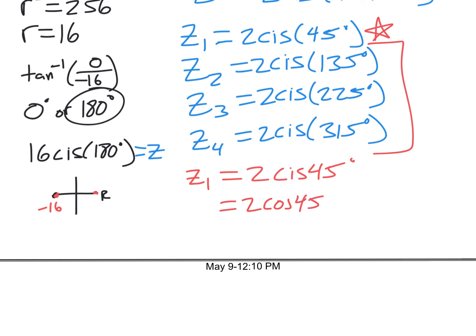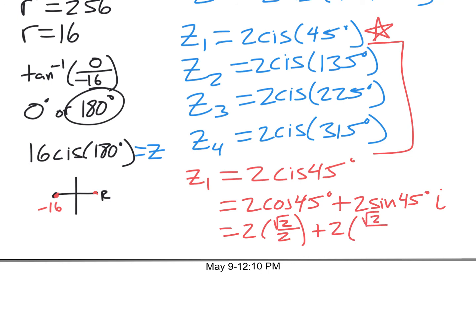Two cosine 45. Cosine is square root 2/2. Again, we get this nice deal with 2's canceling. We would get square root 2 plus square root 2i, right?